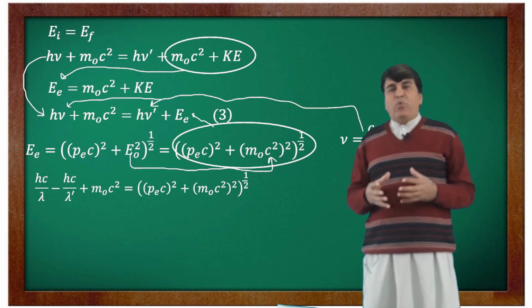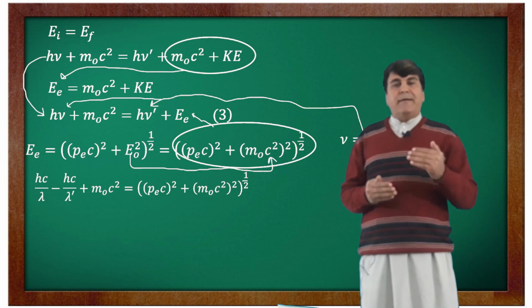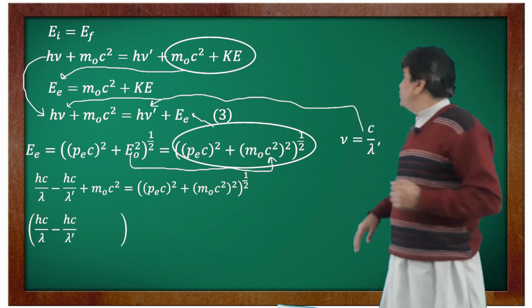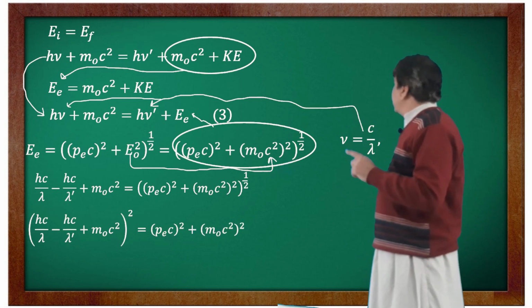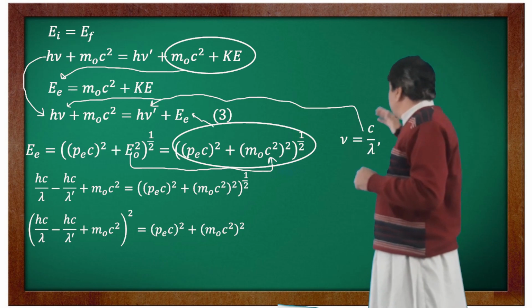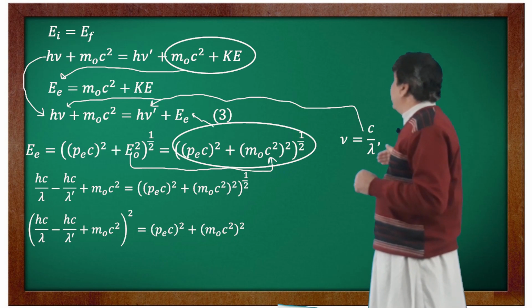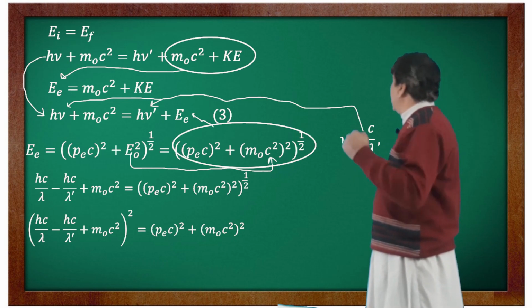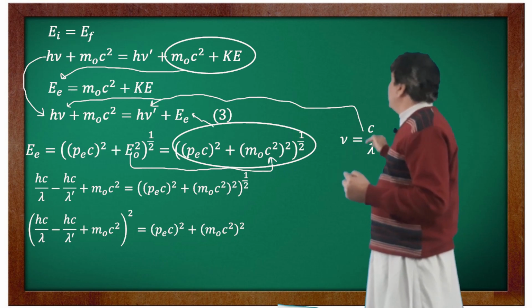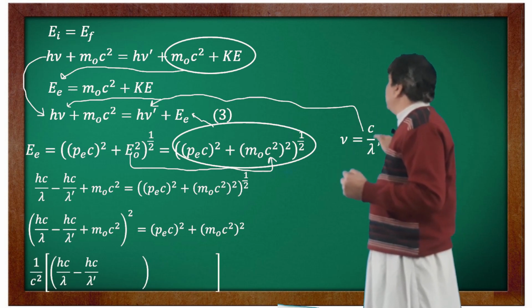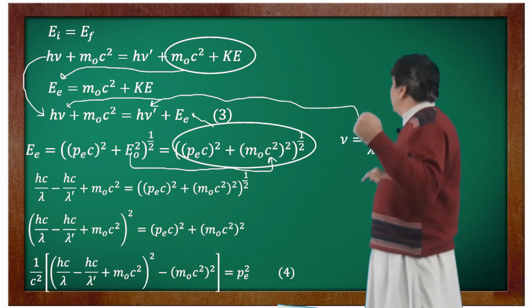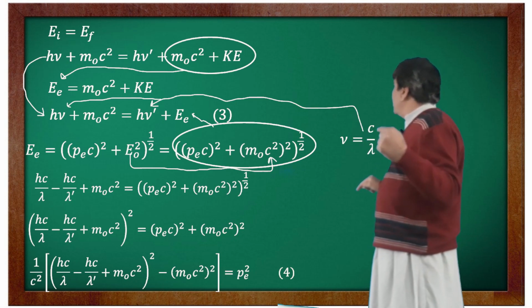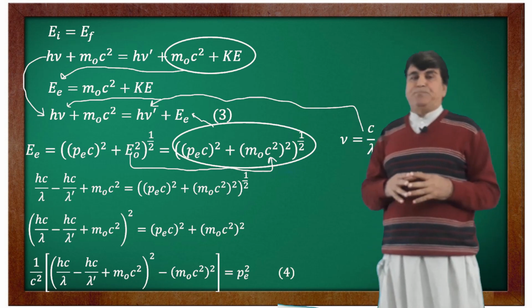Squaring both sides of this equation and making a little arrangement, it can be put into this form, where I have first squared both sides of the equation, removing the square root from the right side, and then taking m naught c square whole square to the left side, and the c square with p sub e is taken to the left side, which multiplies as 1 over c squared with the whole term.